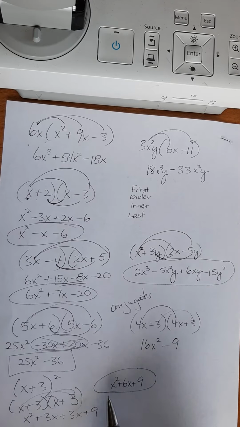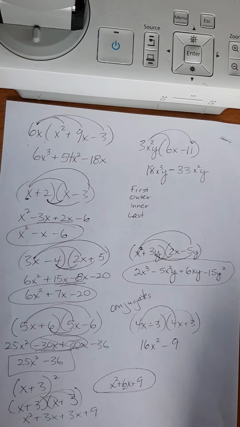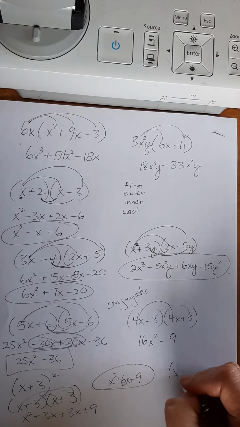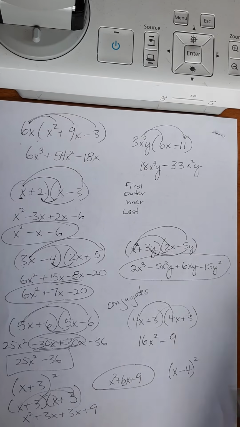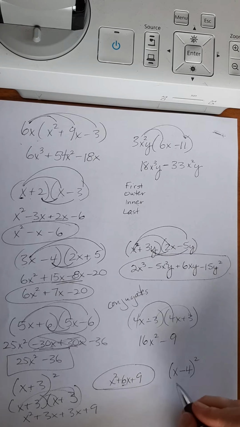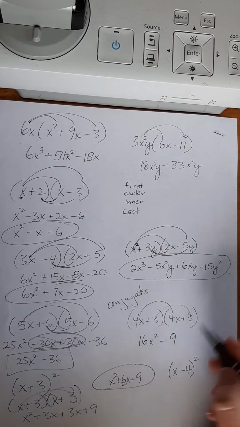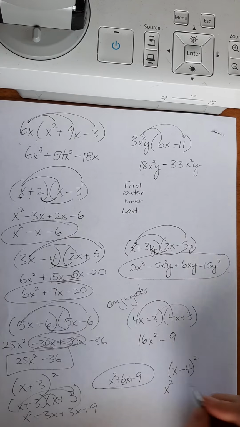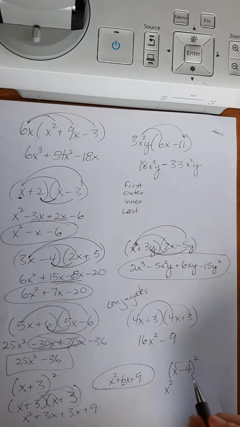So you see it does have the x squared and the 9, but you had to FOIL to get the middle. Now, for those of you that like shortcuts, there is a shortcut for this one too. This one's not as common as conjugates, but it's out there. To find it without doing the FOIL method, the shortcut is square the first one, then multiply those two.